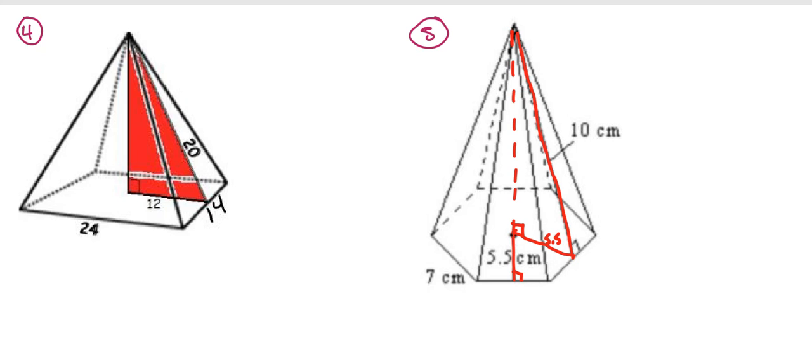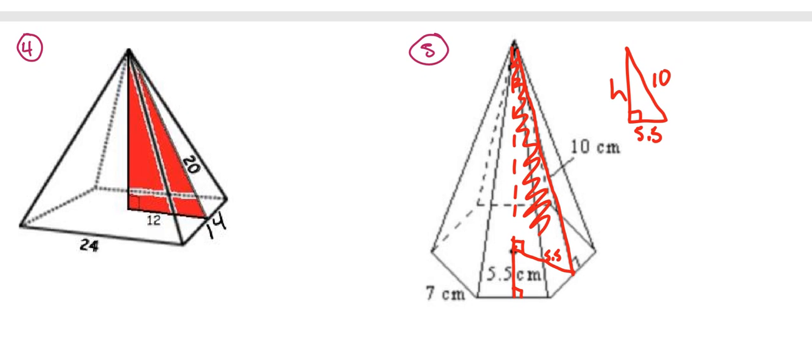So it's 5.5 there. I'll just resketch it over here. This is the triangle that we're thinking about. We have a 10 here, a 5.5 here, and we need our true height. So we're going to do the Pythagorean theorem. It's going to be a squared plus b squared equals c squared. 5.5 squared is 30.25.